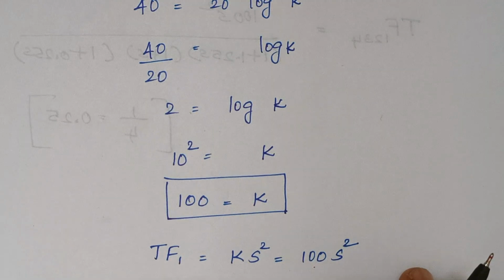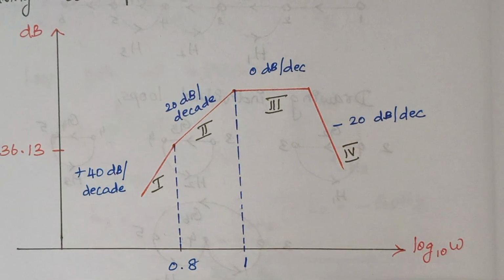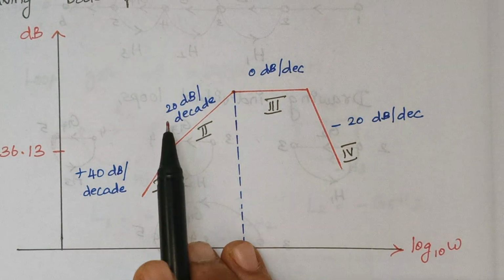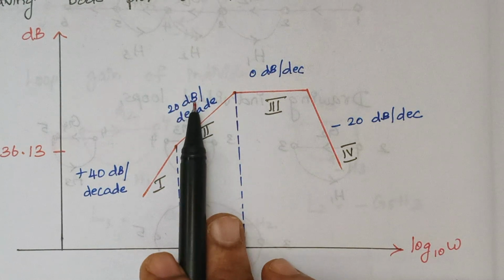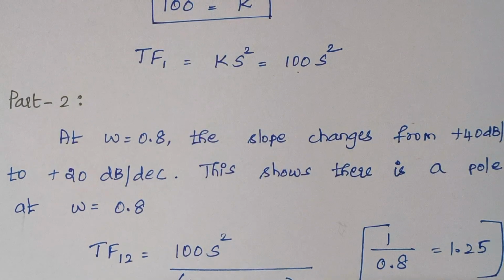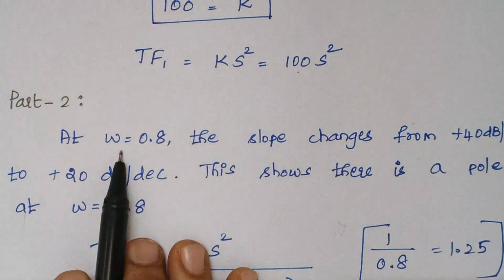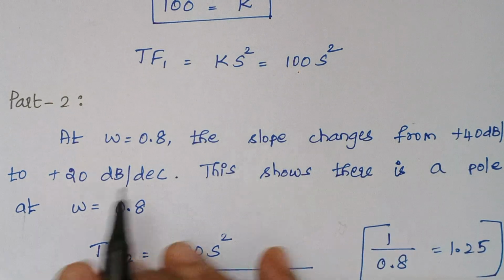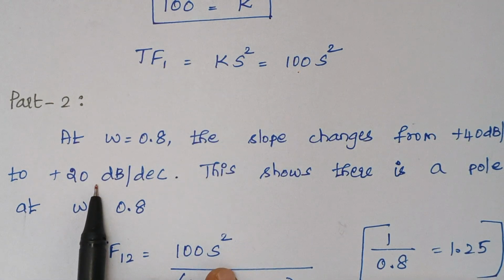That's it. Now we are moving to part 2. In part 2, what is the change? You see here I am having plus 40, and it has changed to plus 20. At a frequency of 0.8, the slope changes from 40 decibel per decade to 20 decibel per decade.